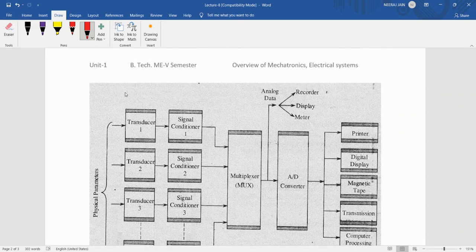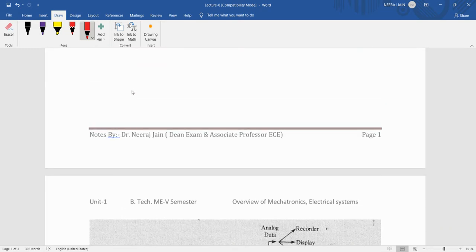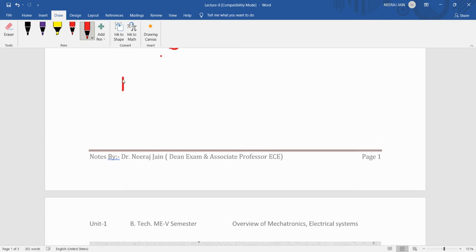Data acquisition systems are used in power plants and other processing industries to display or monitor the different plant variables.